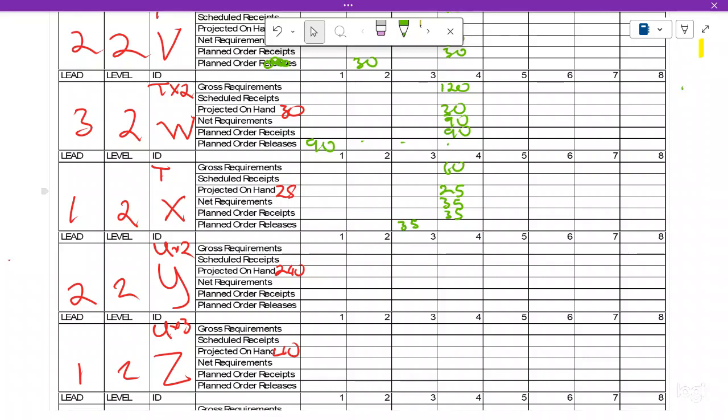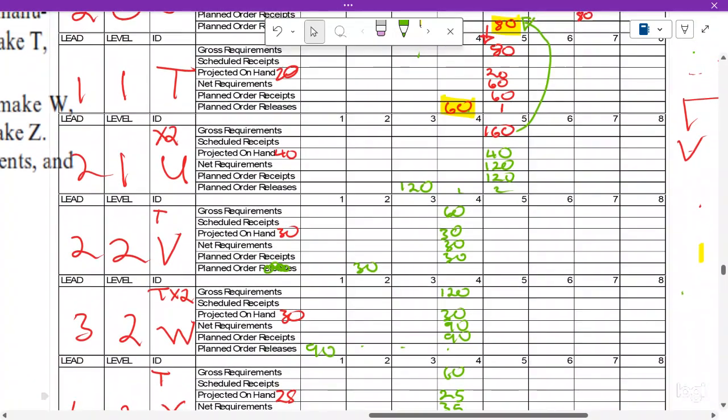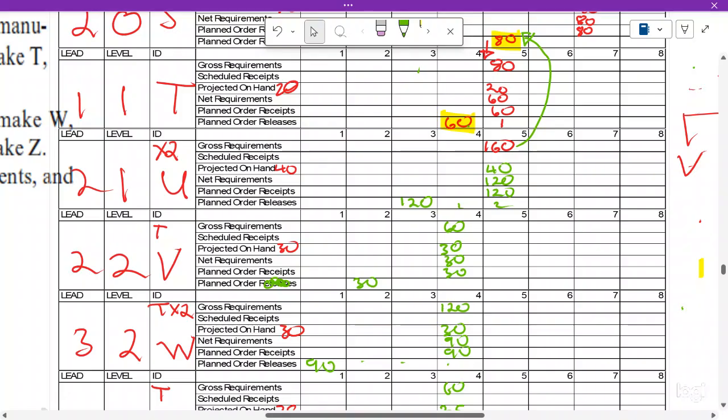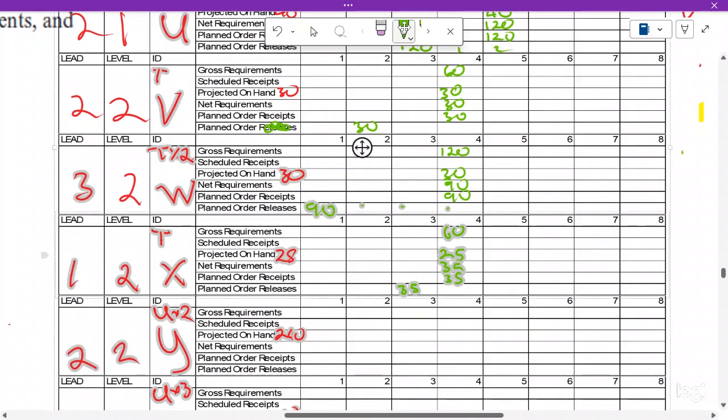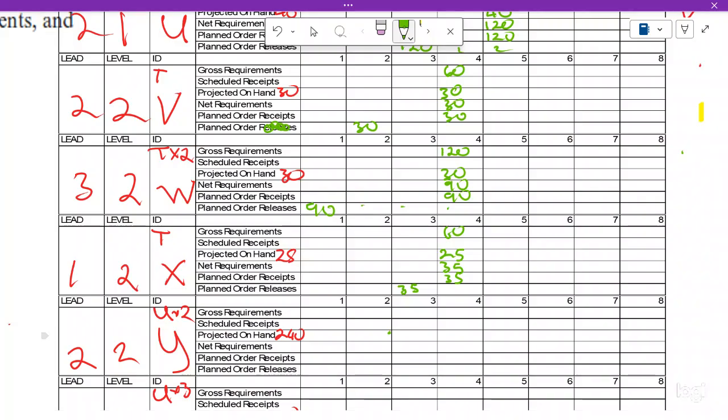They're speaking about 240. It comes from U. Go to U. What do you have at U there? U 120. Then at week 3, 120 times becomes 240.